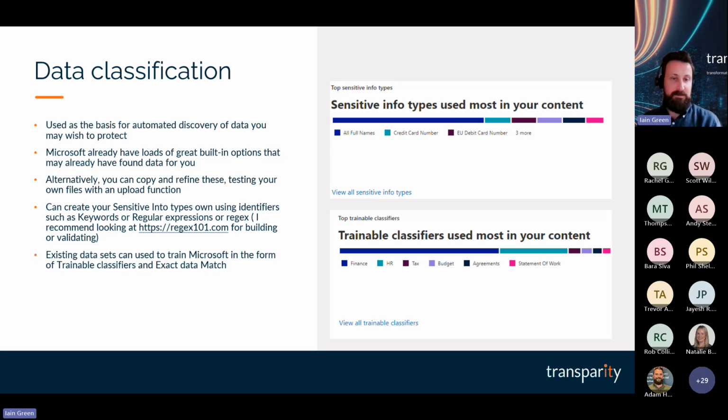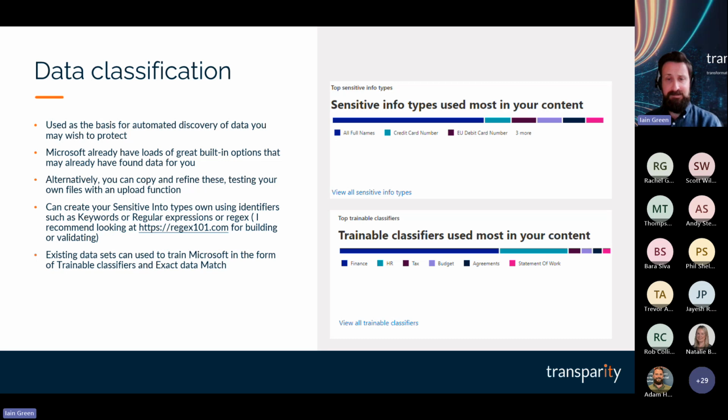So the last one I haven't included in this slide, but it's an exact data match. Kind of does what it says on the tin. So here you could feed specific examples. So unlike the trainable classifiers, it's more of an individual use case. And you feed it specific examples, or you build a set of headers in a CSV format.